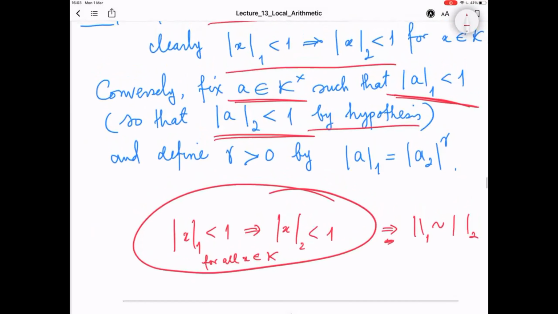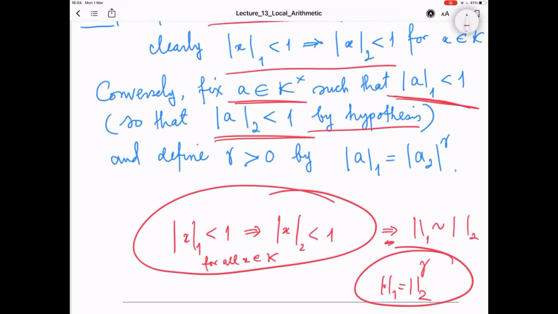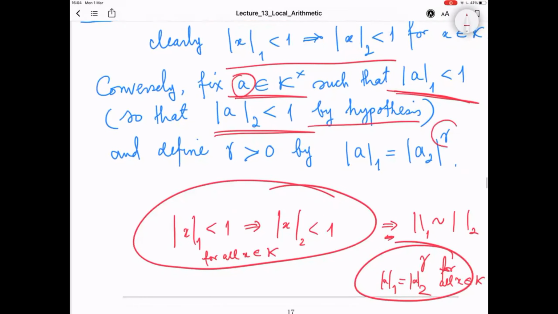And so we have to produce somehow a gamma such that the first norm of x is equal to the second norm to the power gamma or something, for all x. We have to prove it for all x in K. But if we fix one element A, then obviously there is a gamma, right?